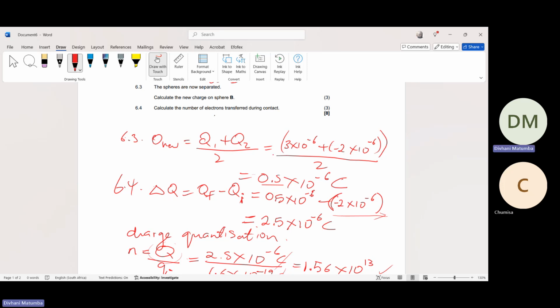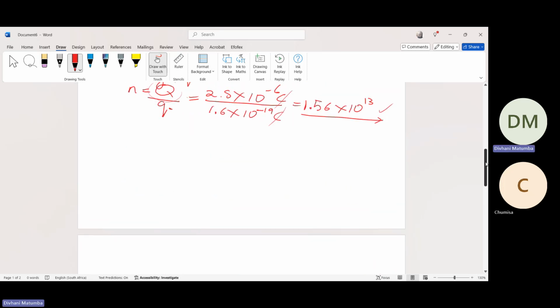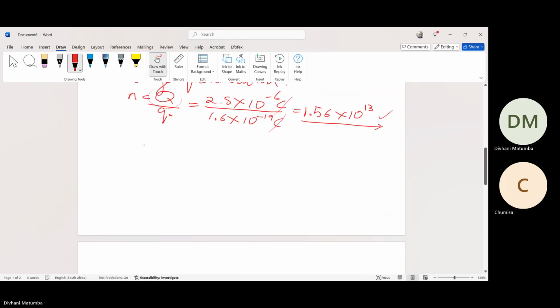Okay. Now, when you bring them together after separation, what happens? When you try to bring them together, because they have the same charge, they will repel. You agree? Yes, sir. So that's the whole process of electrostatics.